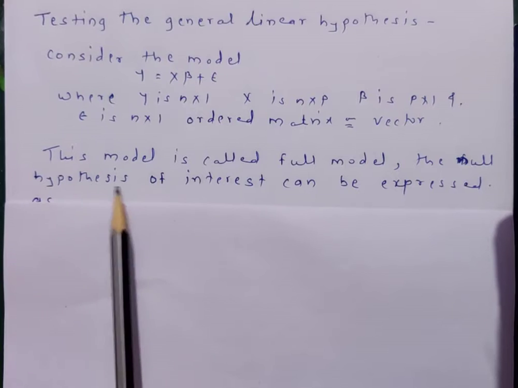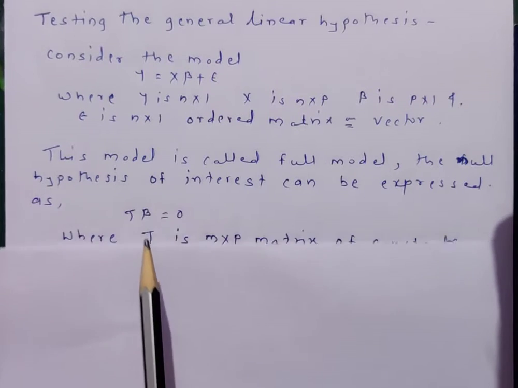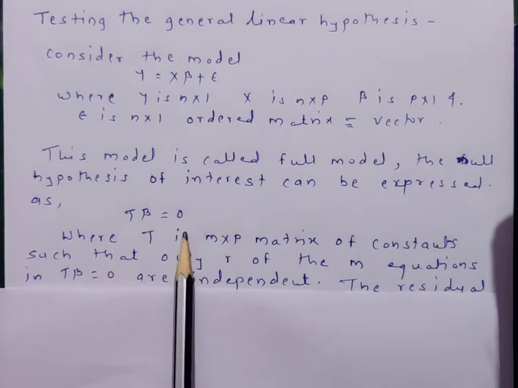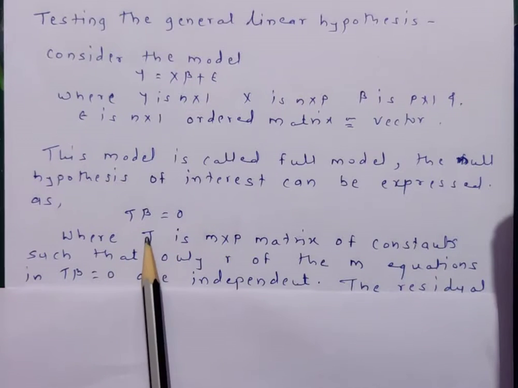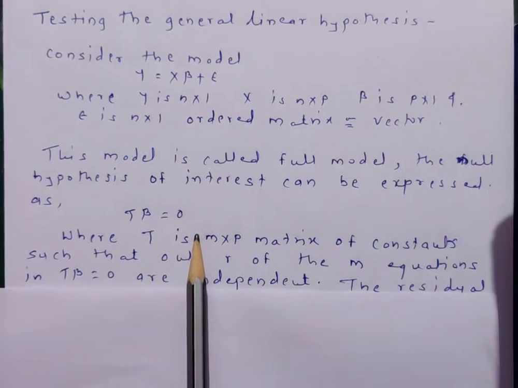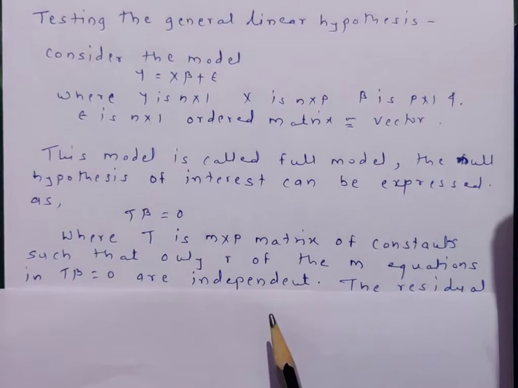The null hypothesis of interest can be expressed as T beta is equal to 0. That means any combination of betas, just like suppose we have beta 2 minus beta 3 is equal to 0, or we may have beta 3 minus beta 4 is equal to 0.